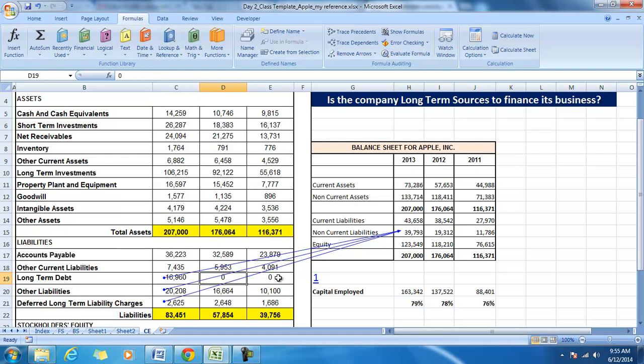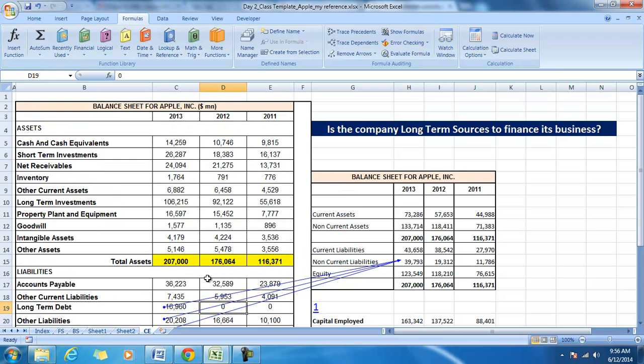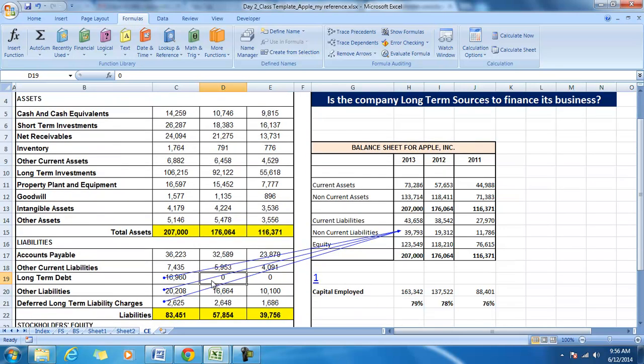There was no long-term debt in the previous year, but there is long-term debt in 2013. Maybe later on we will try to understand why and how, what the company did with this long-term debt and what the source of this debt is.